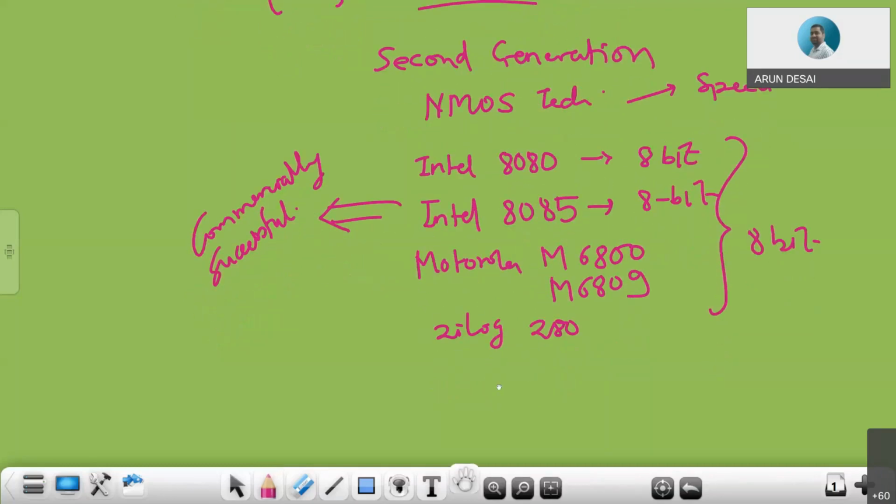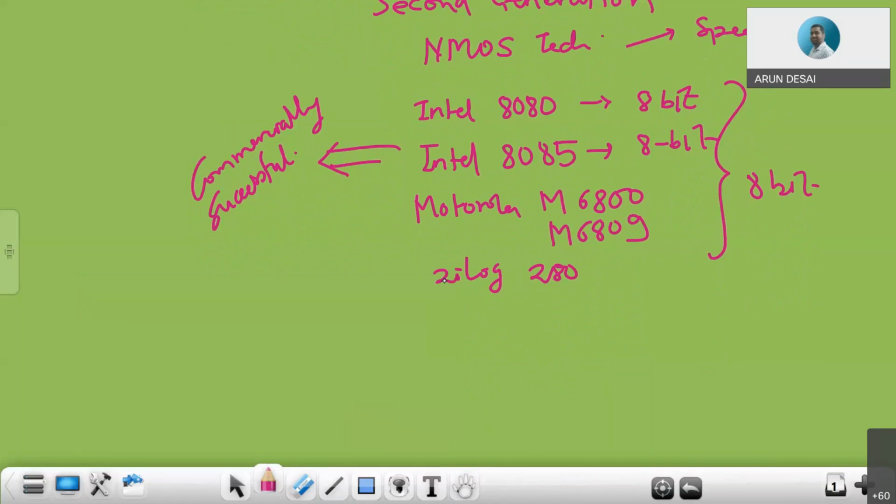Toshiba also comes into the picture in second generation with the Toshiba TLCS 12, which is basically a 12-bit processor, right?